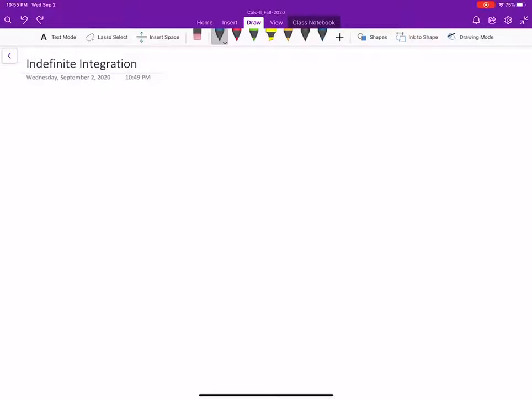Since we learn integration throughout this course, we don't spend much time learning indefinite integration in this section because it's kind of redundant.